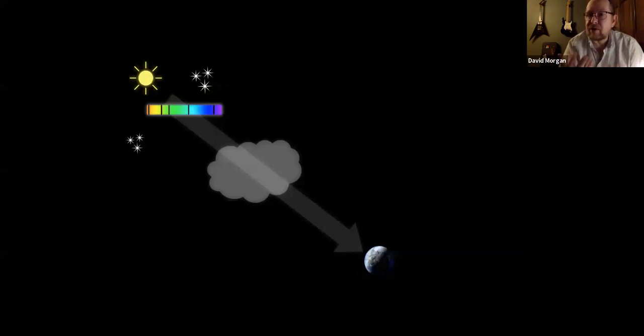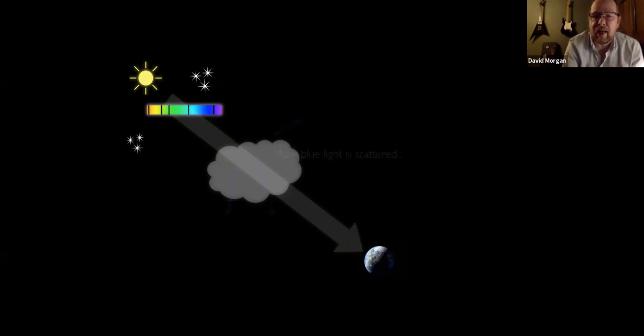The reason that a sunset looks red is we're looking at light that's been traveling through more atmosphere. When you're looking at the sun low in the sky, it's traveling at an angle and passing through more of the Earth's atmosphere. Most of the blue light has been scattered out of that light, leaving behind red and orange and yellow. So we're familiar with scattering here on Earth.